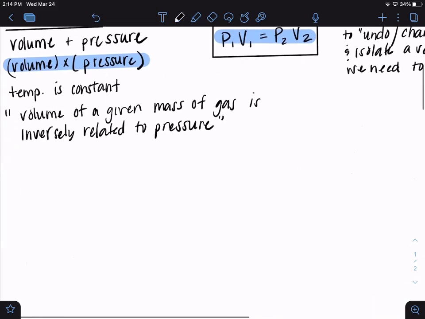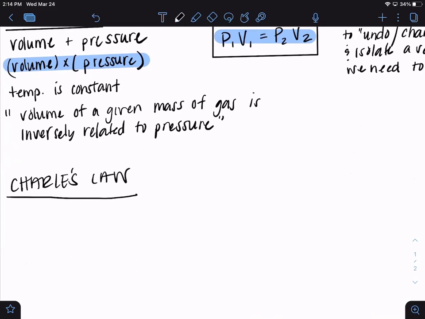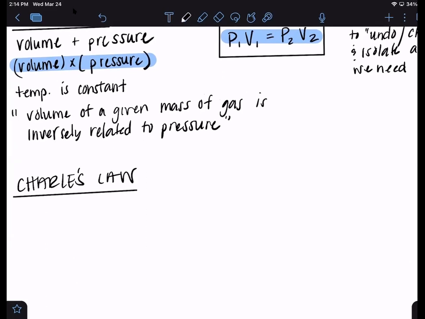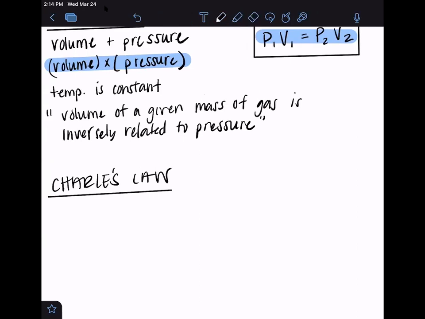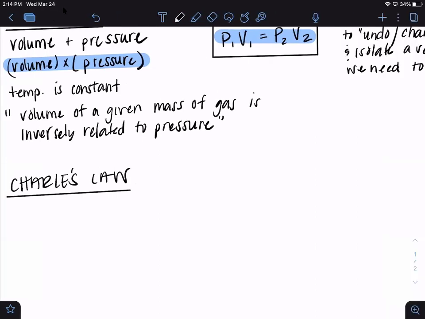The second is going to be Charles' law. What Charles' law does is he's talking about volume, right? So the given mass is when we're trying to say that when there is a given mass for some ideal gas at a constant pressure, the volume is directly proportionate to its absolute temperature.